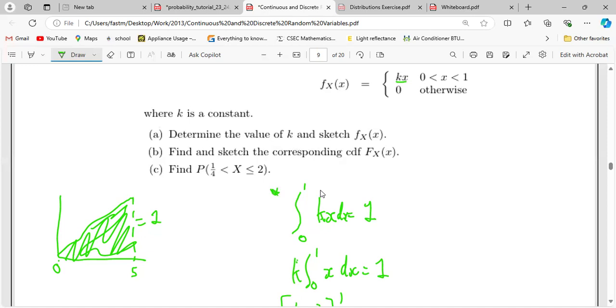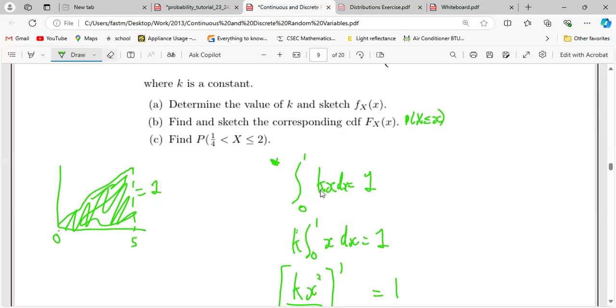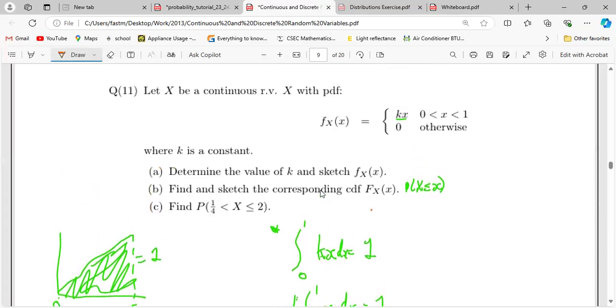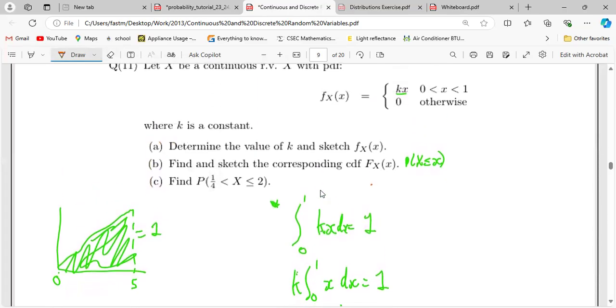All right, so the next part says sketch the CDF, which is the probability that X is less than or equal to x, which is just integrating. Because I don't really have many piecewise functions for this one, it shouldn't take up much space to do.